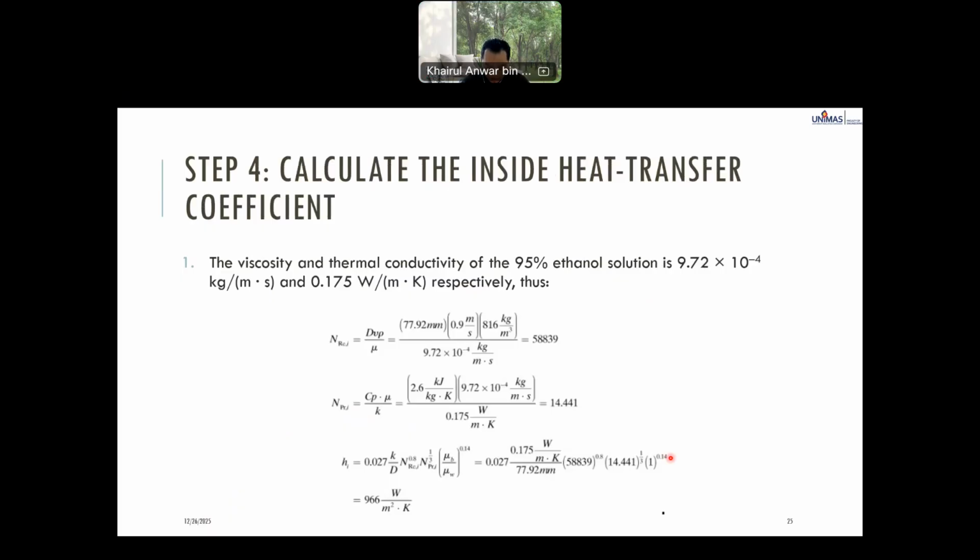So for step 4, the viscosity and thermal conductivity of the 95% ethanol solution are 9.72 times 10 to the power -4 kg per meter second, and 0.175 watt per meter Kelvin, respectively. Thus, determine the Reynolds number.